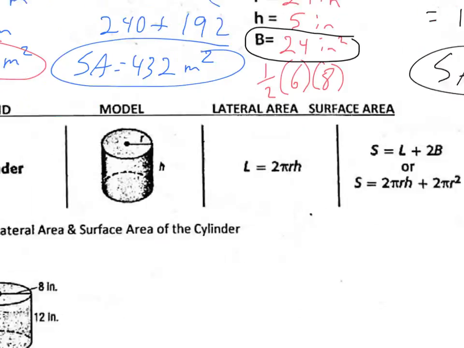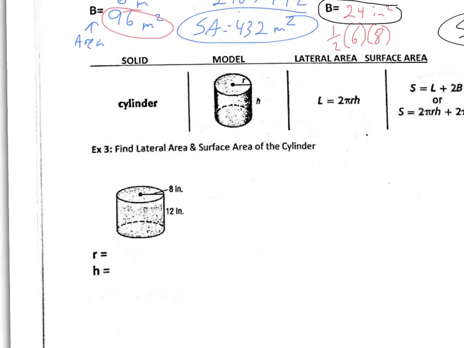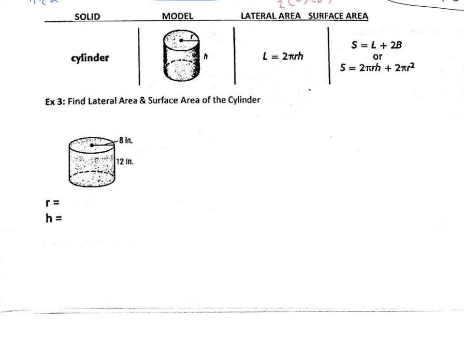Okay, the next thing, surface area of a cylinder. Here is our formula. We're going to do this one example. We just plug in our information there, and notice it's very similar. In fact, 2 pi r is the circumference, which we don't have perimeter in a circle. We have circumference. So it's really just the circumference times the height.